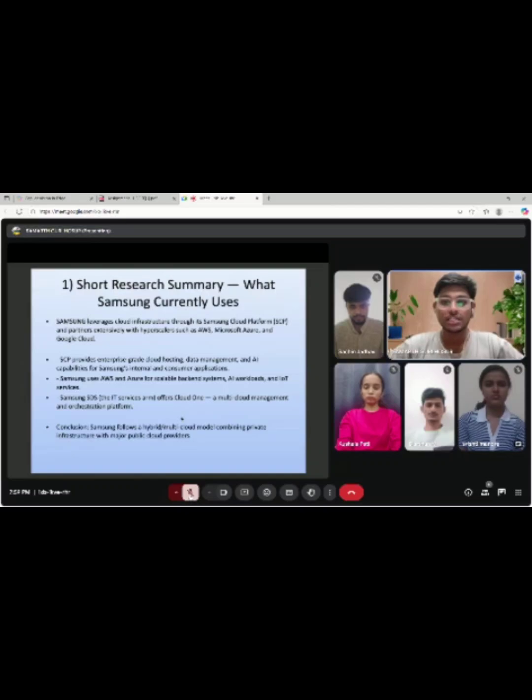So basically, Samsung follows a hybrid model, or we can also say a multi-cloud model, combining private infrastructure and major public cloud providers. Now let us understand in depth what exactly Samsung is using for private, public, and hybrid. Also, let us see the risks happening in the cloud systems.